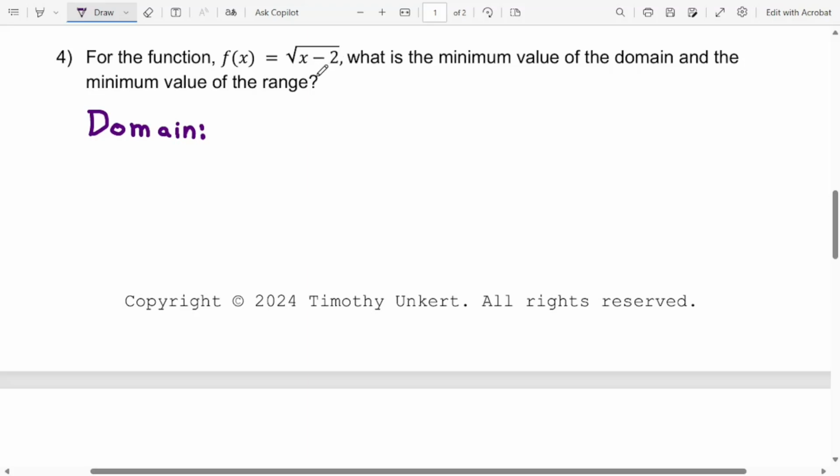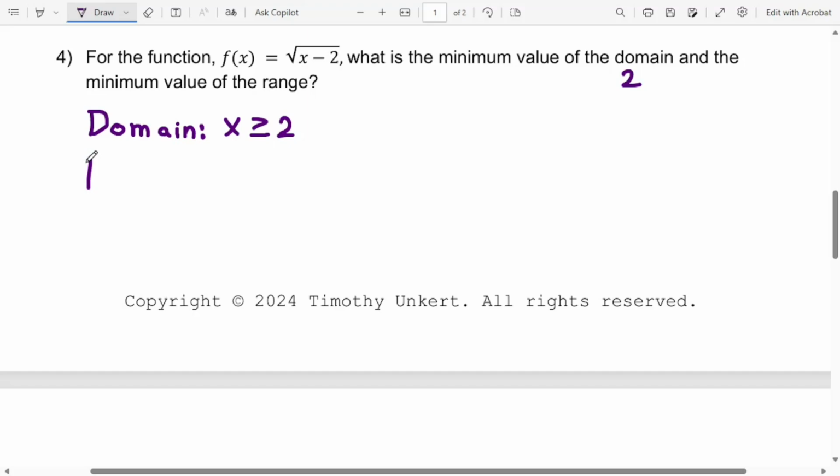So if I take the square root of 0, I still get 0. If I put something less than 2, like if I put in 1, 1 minus 2 is a negative 1, then we're taking the square root of negative 1, we're getting imaginary numbers. So the domain x has to be greater than or equal to 2. So the minimum value of the domain is 2.